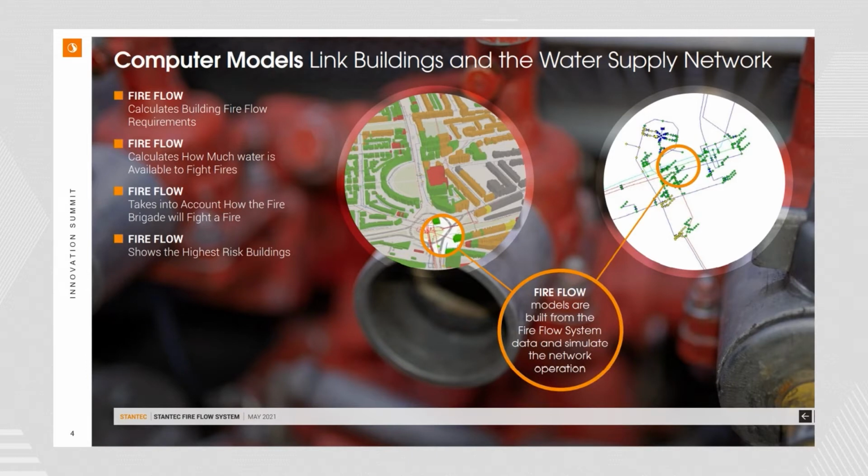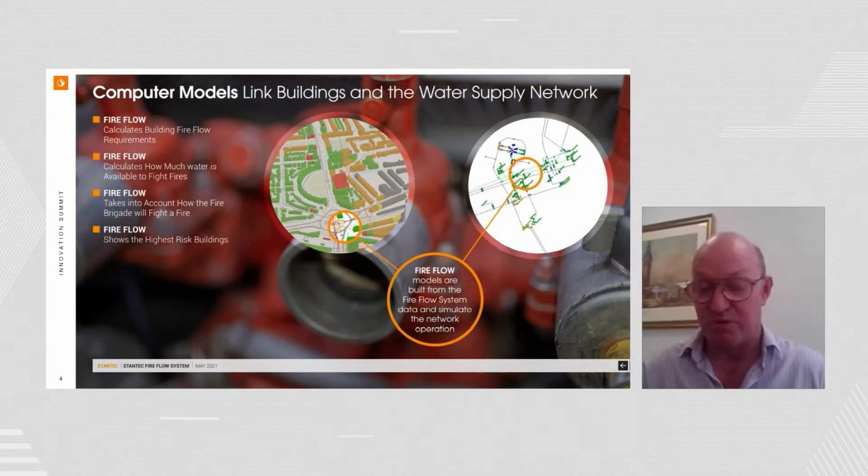And we are able, as I will show you in a later slide, to calculate the length of the hoses and then recalculate the length of the hoses, which will affect the fire flow, and then recalculate the fire flow in real time, so that the fire brigade know exactly how much water they're going to get.